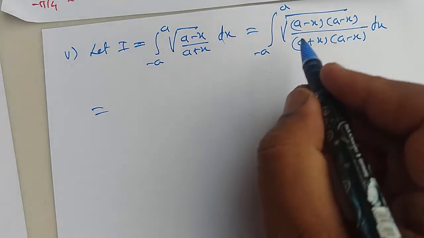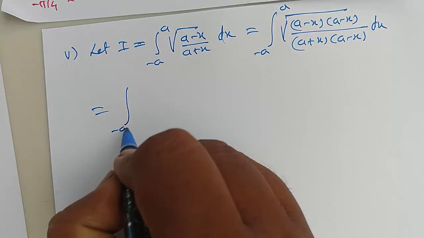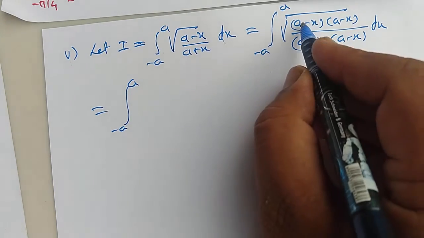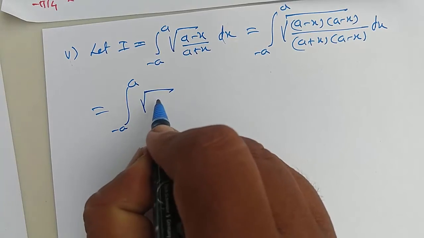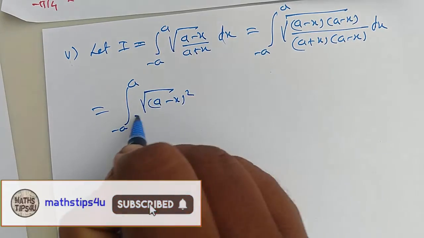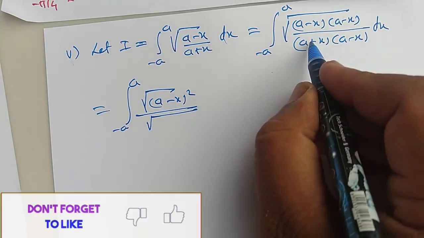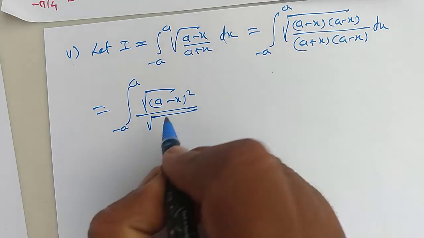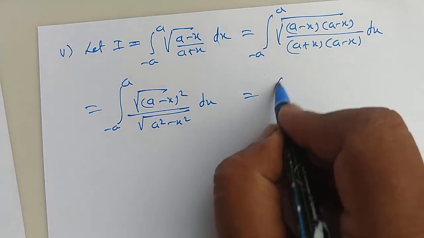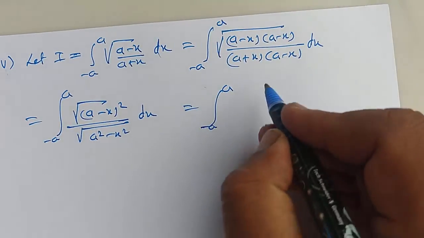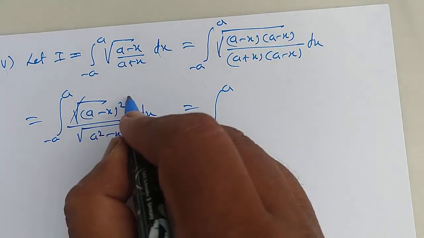So this is equal to integration from minus a to a of under root of a minus x bracket square upon under root of a minus x into a plus x, which is a square minus x square, dx. So the under root cancels with the square.